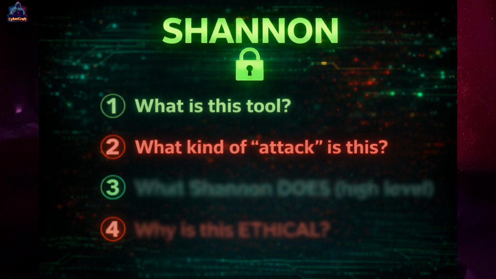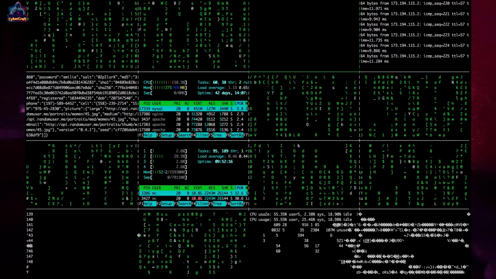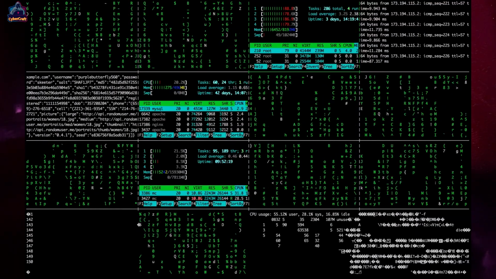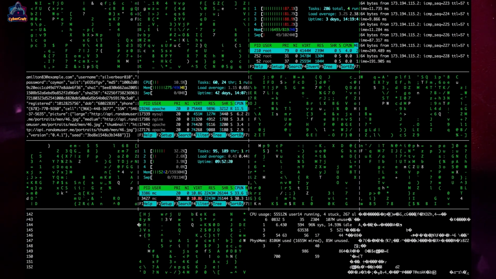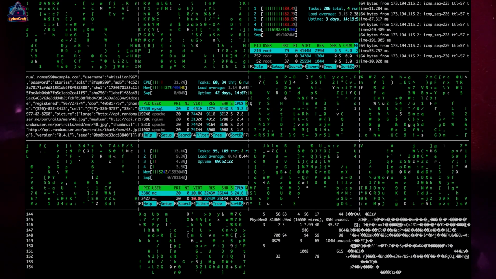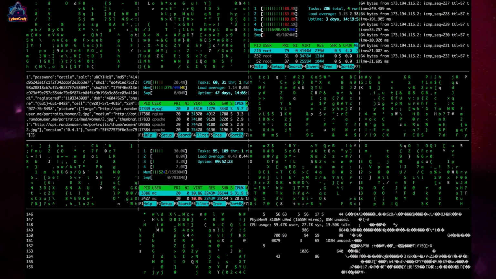The second question: what kind of attack is this? It's not malware, and it's not for hacking random websites. Shannon is used for authorized penetration testing. That means ethical hacking, red team, or security assessment.